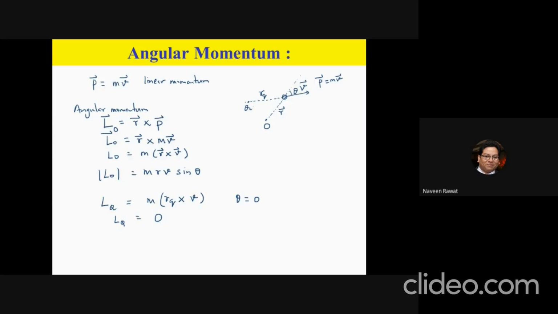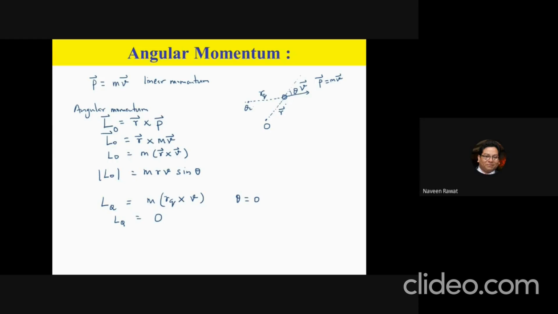So angular momentum is not an intrinsic property of the system. What is an intrinsic property? An intrinsic property of the system is something that doesn't change. Suppose I'm asking you the melting point of aluminium. That value doesn't change, it is fixed, so that is an intrinsic property of the material.